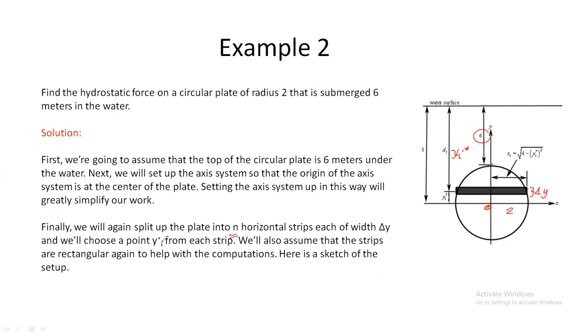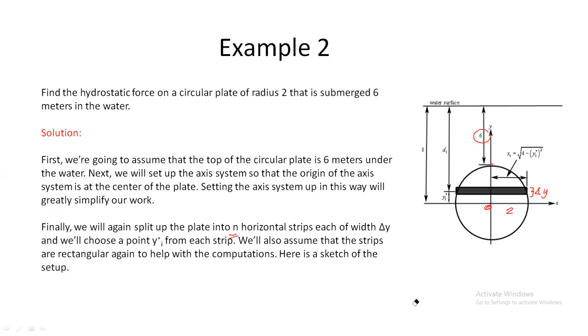And we'll choose a point y sub I asterisk from each strip. Oh, by the way, this y sub I asterisk is not measured the way it was measured in example 1. I stand corrected, class. It's not like that.